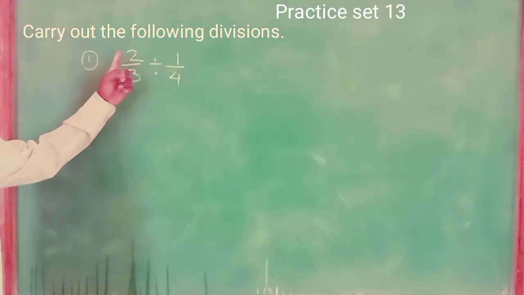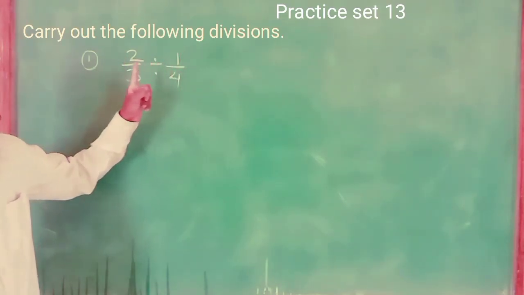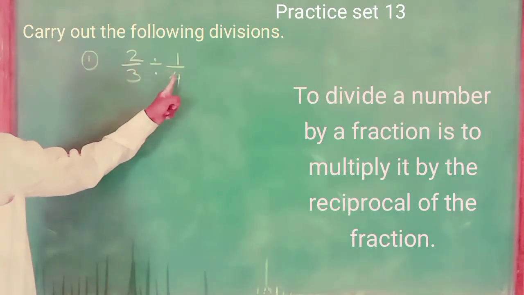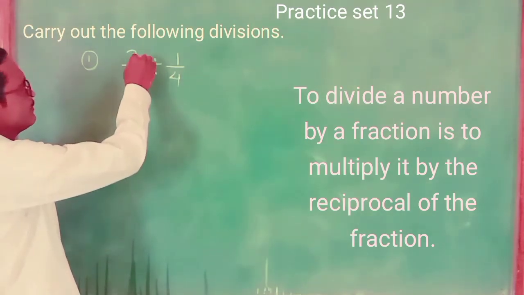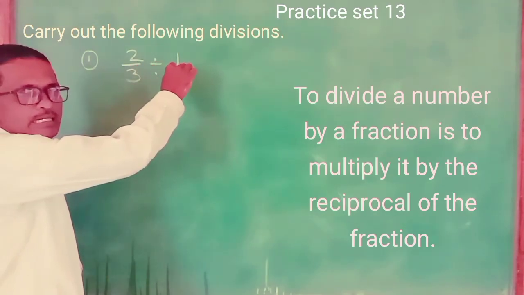We have to divide 2 upon 3 by 1 upon 4. To divide a number by a fraction is to multiply it by the reciprocal of that fraction. We have learned that to divide by a number is to multiply by its reciprocal.